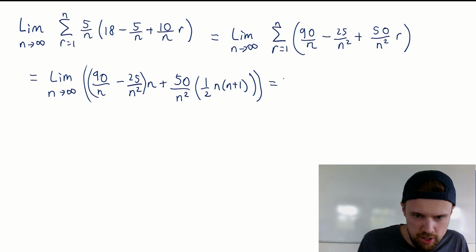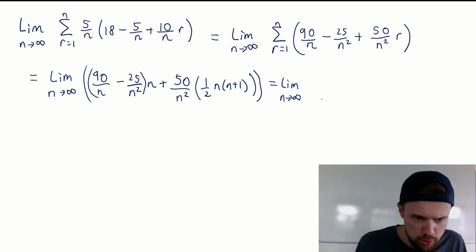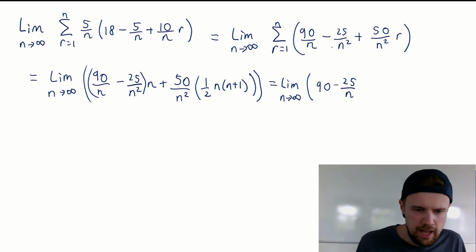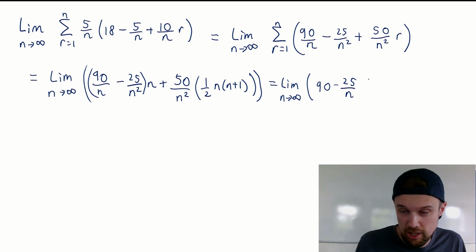And we've just got to do a load of algebra simplification there nicely. Some of that earlier stuff does simplify a bit. We're going to end up with a 90 minus 25 over n. And then the 50 and the half are going to combine to make a 25.